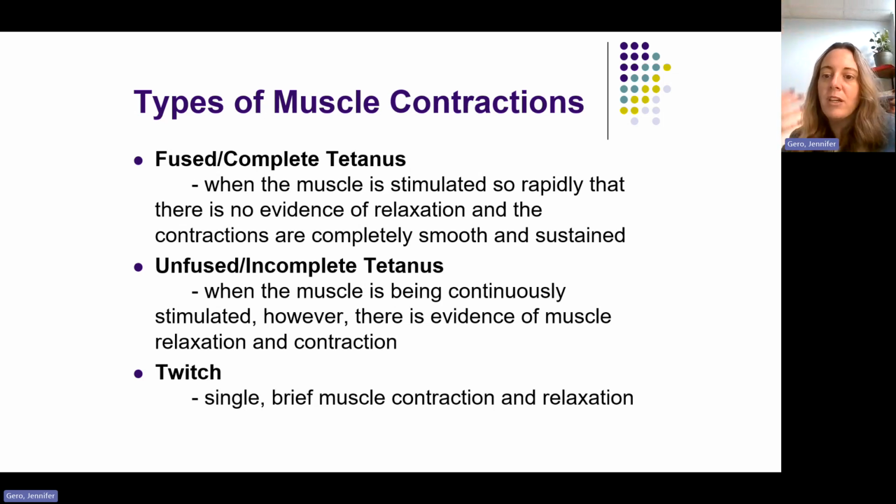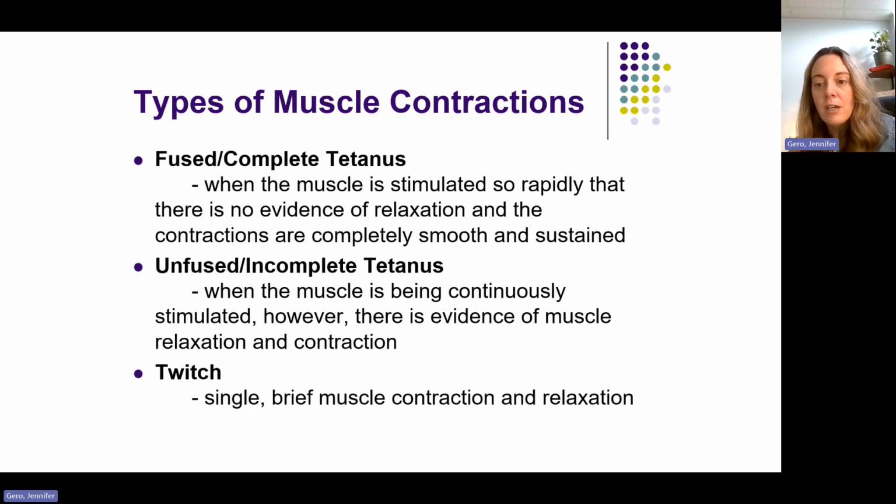But this time, the contraction is stronger than the first contraction because the muscle did not go back to complete relaxation. And I want to make sure you understand that the sarcolemma always has to go through that depolarize, repolarize, depolarize, repolarize. What I'm talking about is what is occurring as far as contraction inside the actual sarcomere.